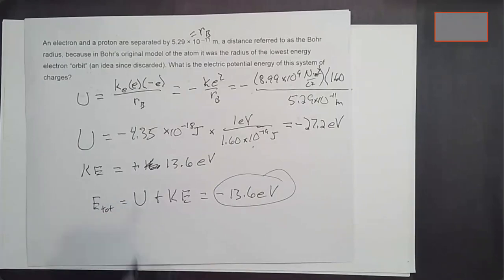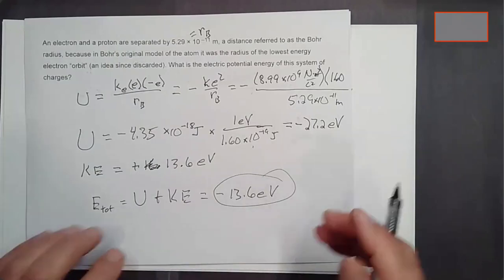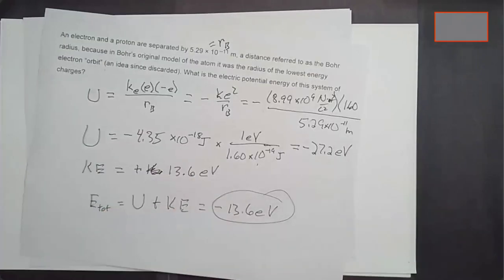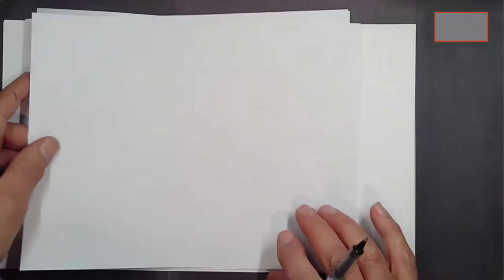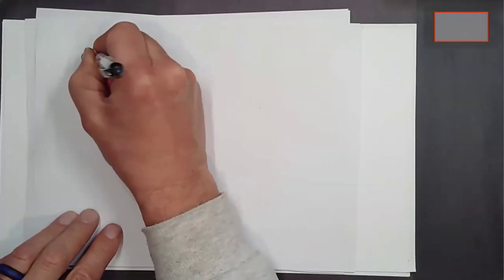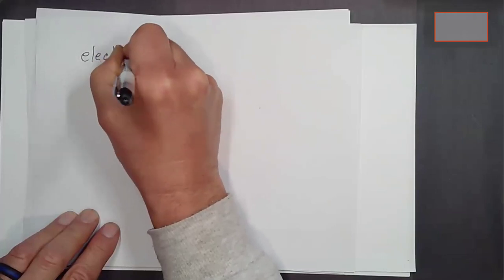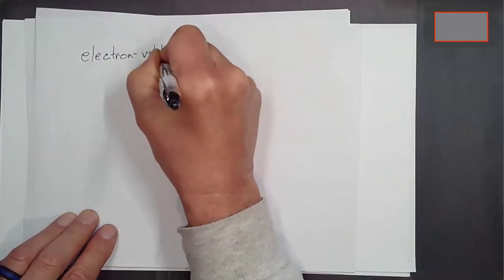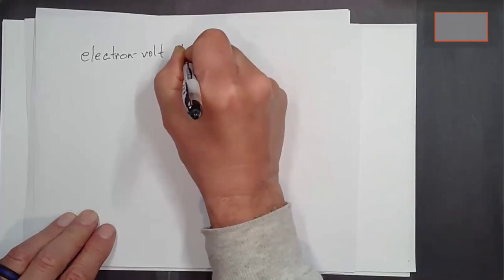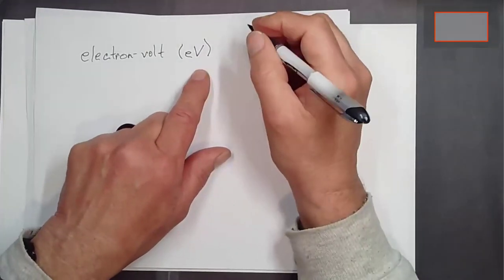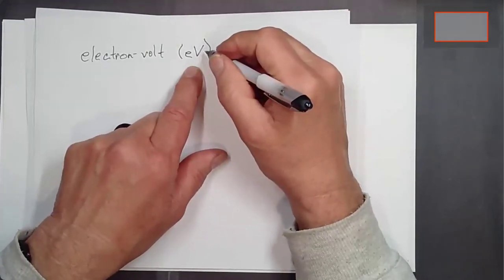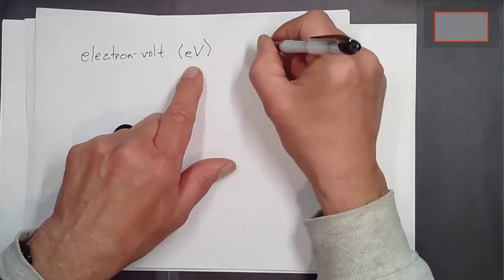Something else I wanted to talk about was the definition of the electron volt, which we already used, but I can give you another expression that will help understand it a little bit. And I don't remember if I gave you this abbreviation for an electron volt. By the way, the volt is the unit that we use for measuring electric potential.